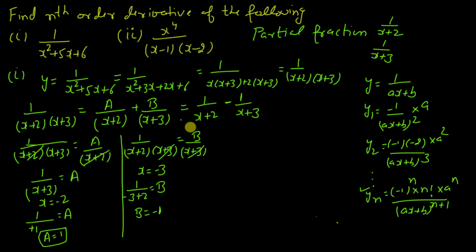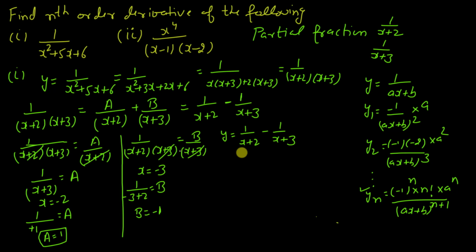Now this is equal to y, so y is equal to 1 by x plus 2 minus 1 by x plus 3. So we need to determine their nth order derivative.